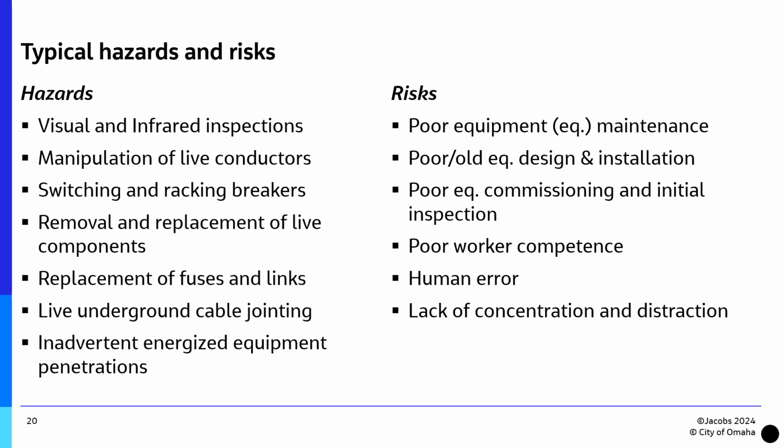Increased risks include poor equipment maintenance, poor or old equipment design and installation, poor equipment commissioning and initial inspection, poor worker competence, human error, and lack of concentration and absence or presence of distractions.